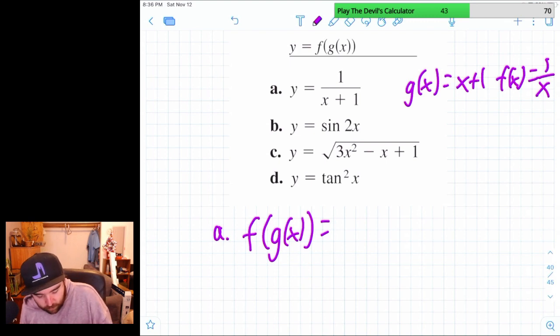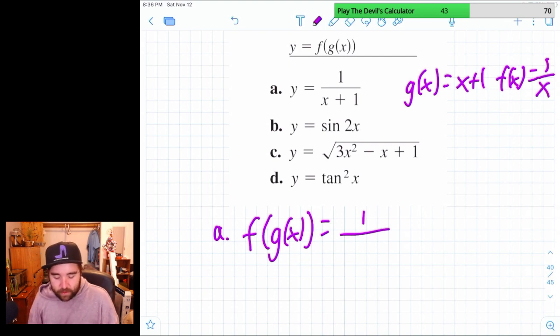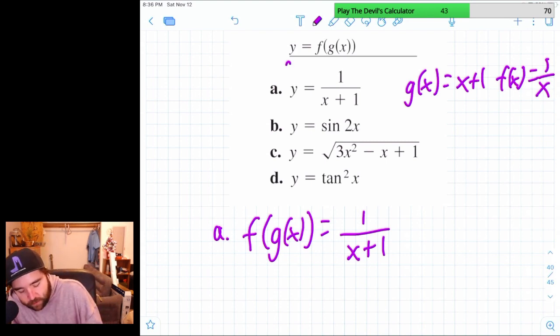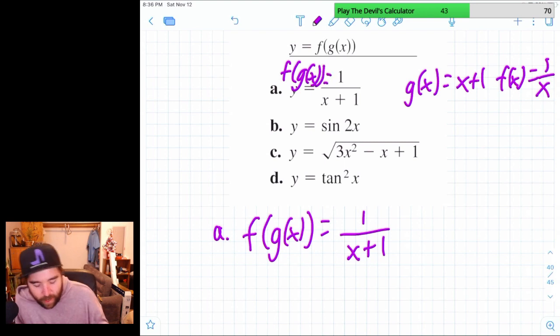So that means we're doing 1 over, because that's the f function. And instead of 1 over x, it's going to be 1 over the g function, 1 over x plus 1. So this is just us practicing looking at what is the inside function and what is the outside function.